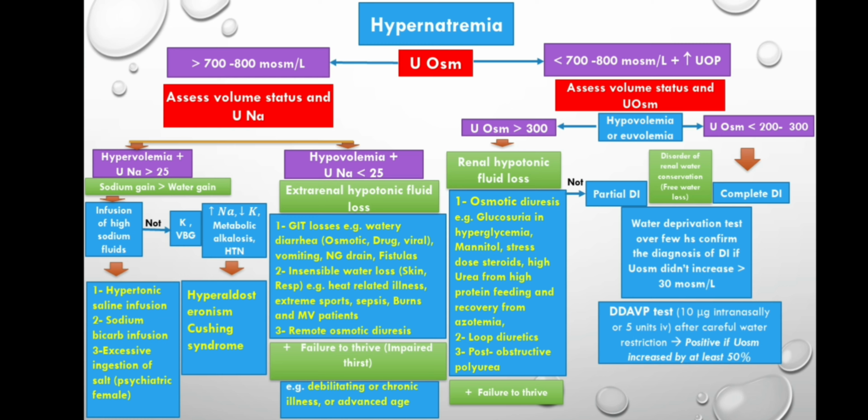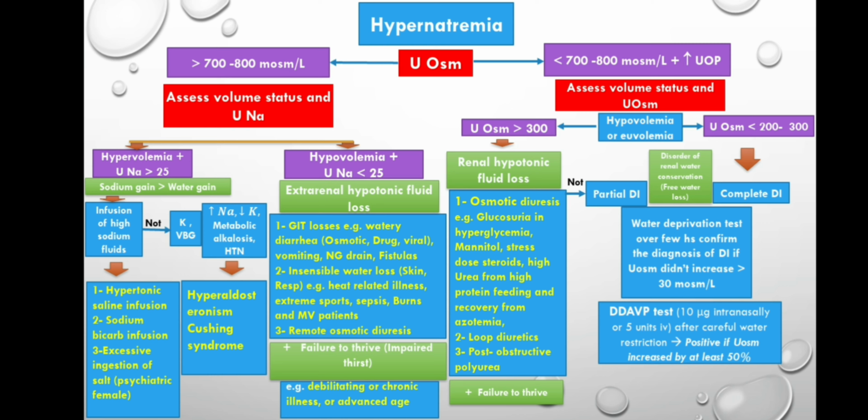What is meant by negative and positive? If we give desmopressin 10 microgram intranasally or 5 units IV, the urine osmolality should increase at least 50% to indicate a positive test.